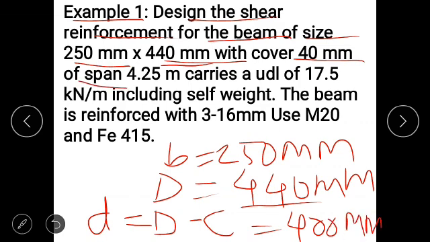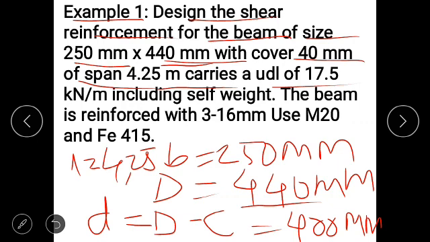Of span 4.25 meters. So L is given, 4.25. UDL is given, 17.5 kilonewton per meter including self weight, means here W is given. If we have to calculate factored UDL, then multiply by 1.5, so 17.5 into 1.5.